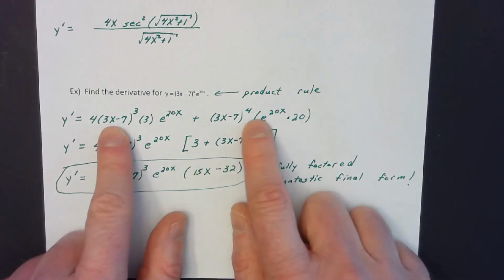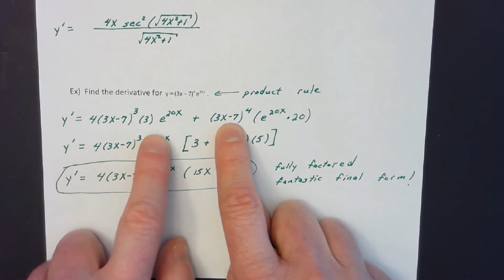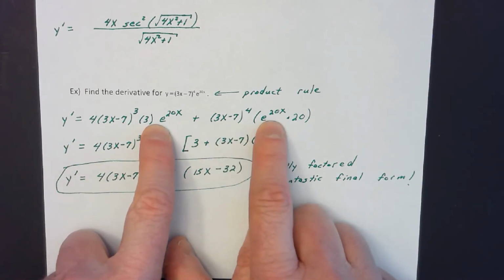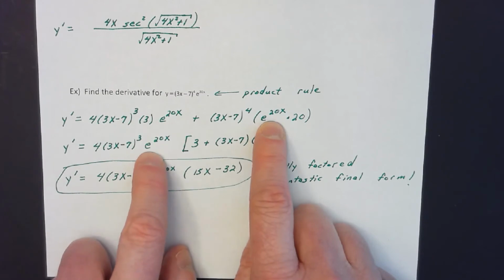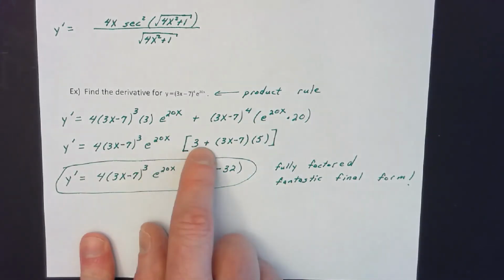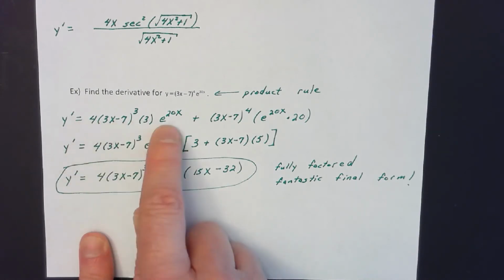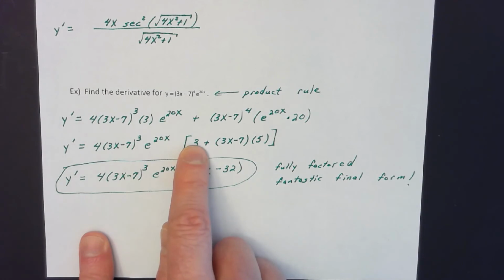Both groups also have the 3x minus 7. I factor it out to the third power. And both groups also have the e to the 20x. It gets factored out. Whenever you factor out the greatest common factor, in your first group, the only term remaining is this 3. Every other term canceled. I just have a 3 left there.